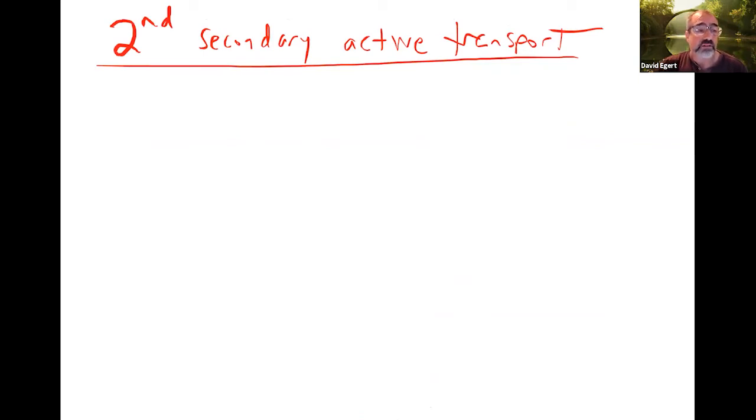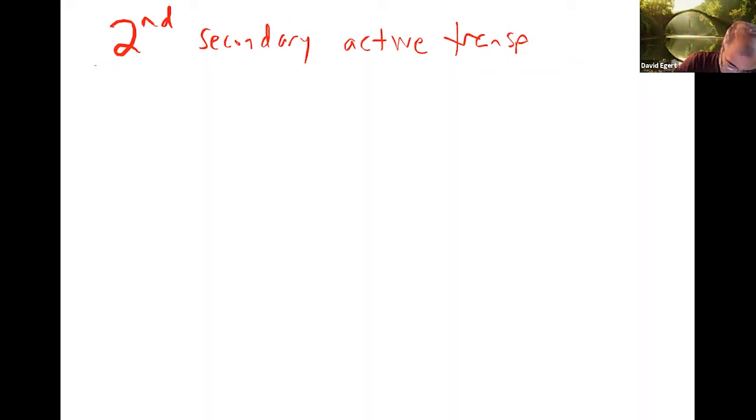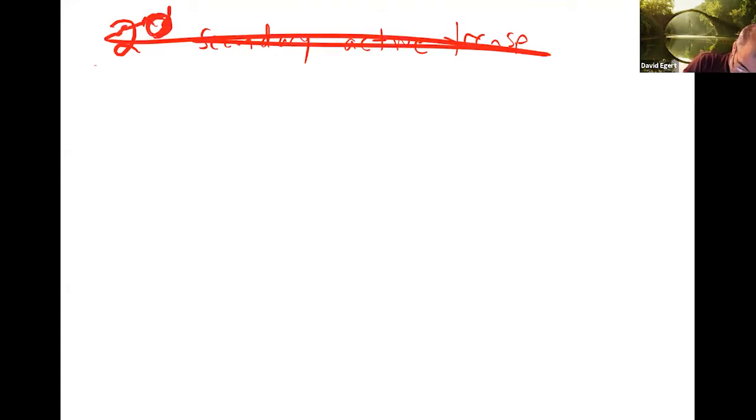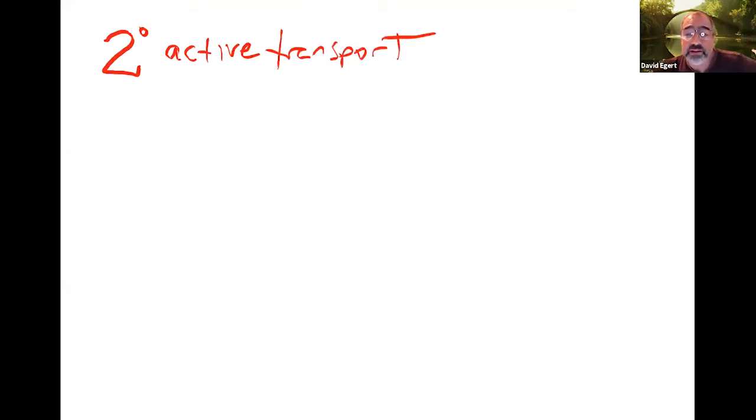So secondary active transport. I'm going to say it, and it's going to sound weird, but then I'll explain it, and then it'll make more sense.